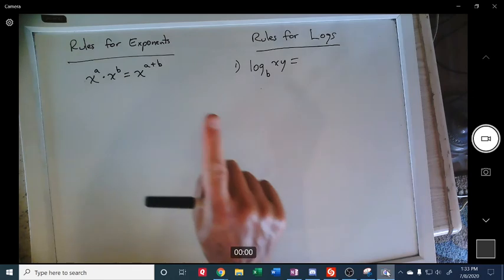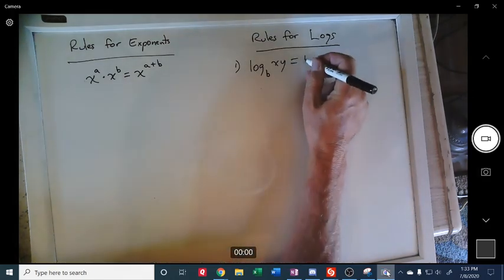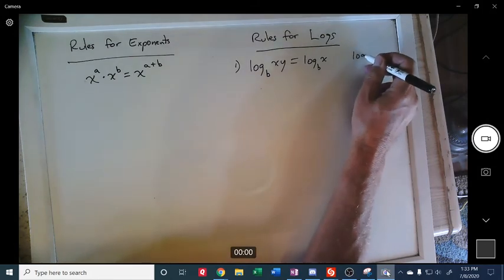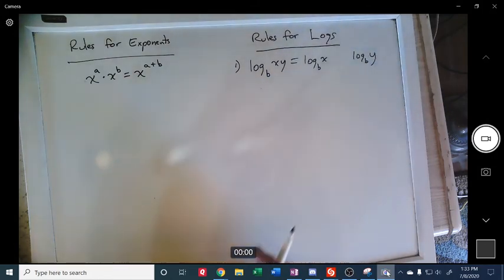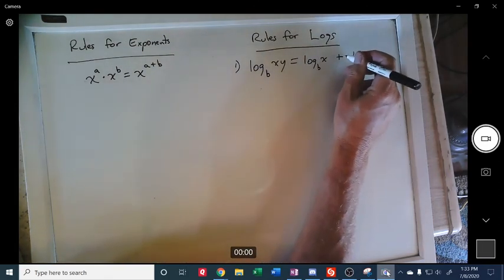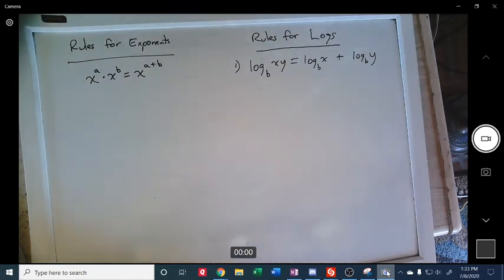And if we make 2 logarithms out of this, then the multiplication that was here seems to magically change to here.